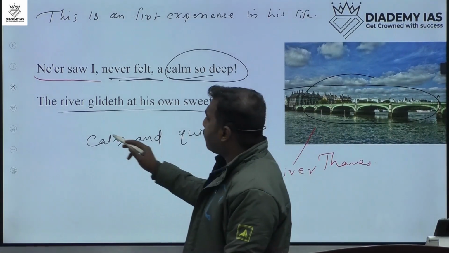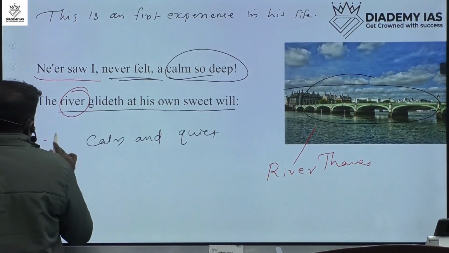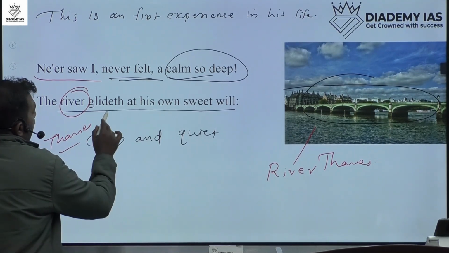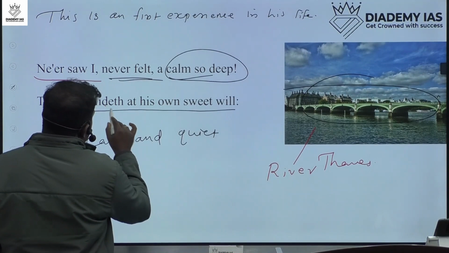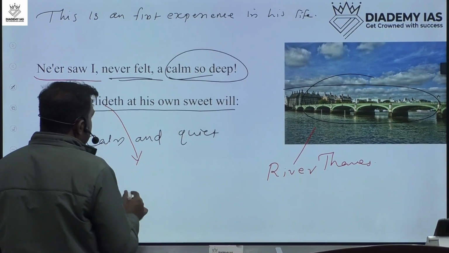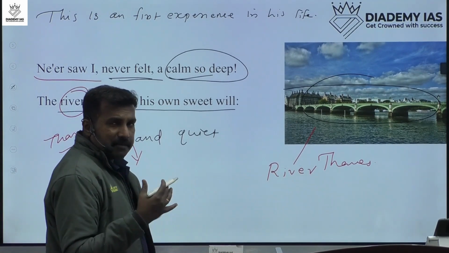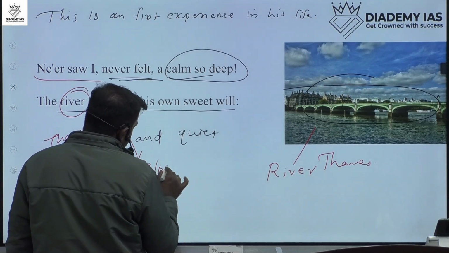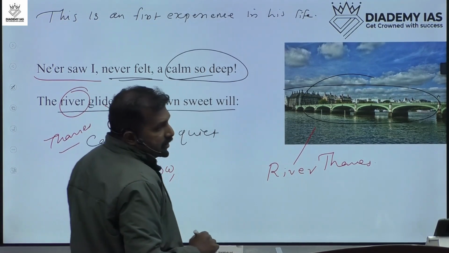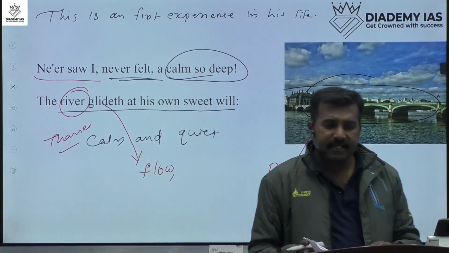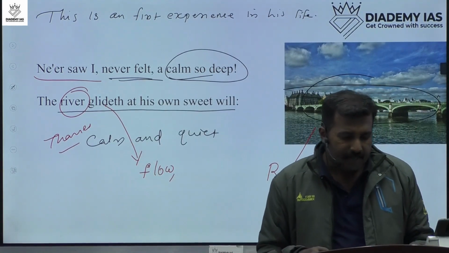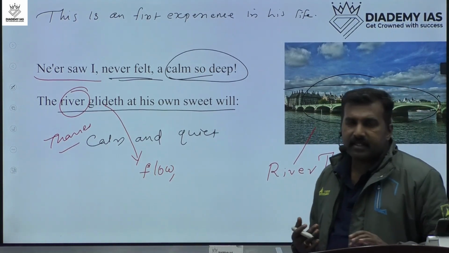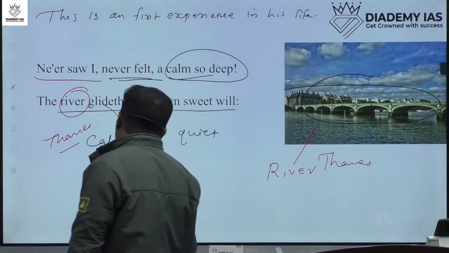And the poet explains about the river Thames. And this river glides. What is glide? Glide means flow. Okay. Glide means the poet says that this river, Thames River, glides. That means it moves with the flow.